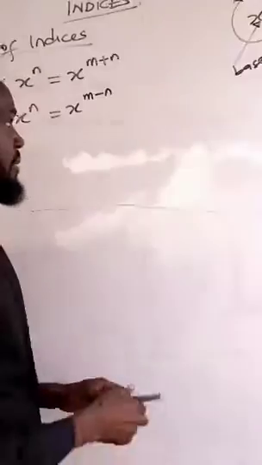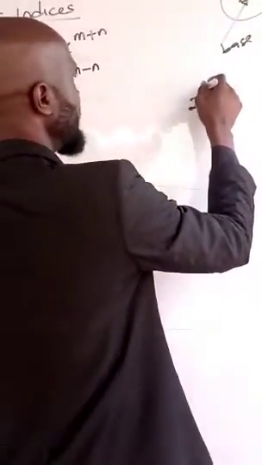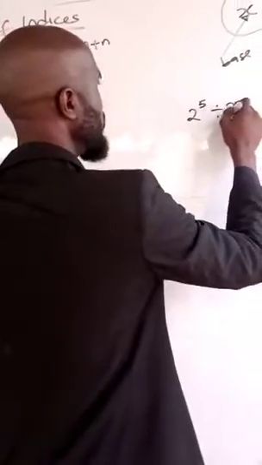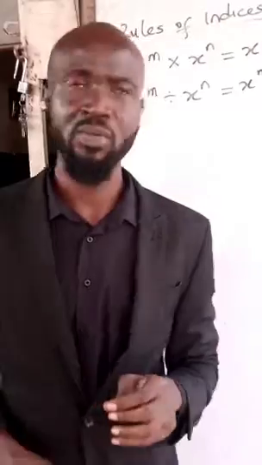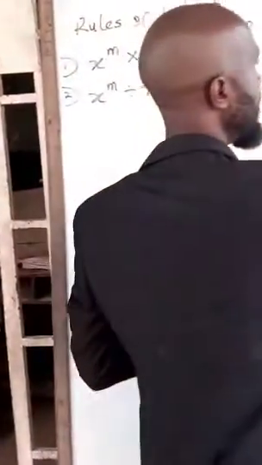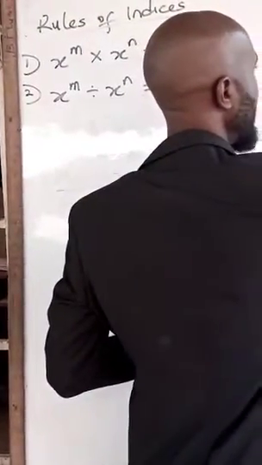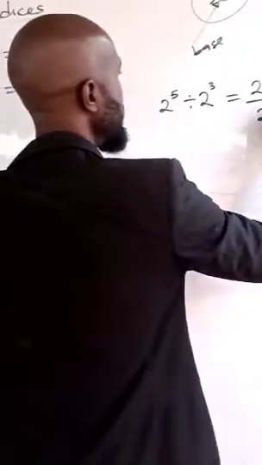Now let's say we have 2 raised to power 5 divided by 2 raised to power 3. Now if you want to write this, we can write this like this: 2 raised to power 5 divided by 2 raised to power 3. And you know 2 raised to power 5 means multiply 2 by itself 5 times.